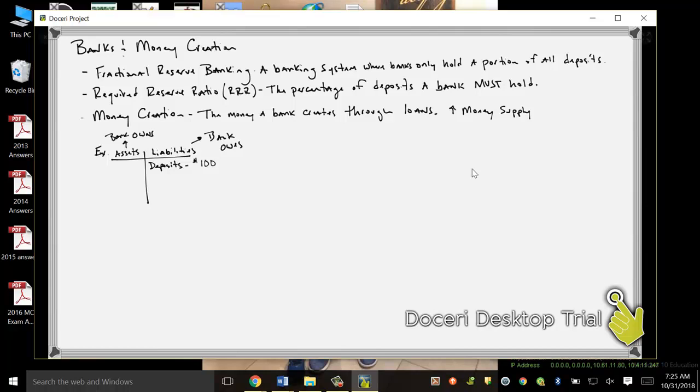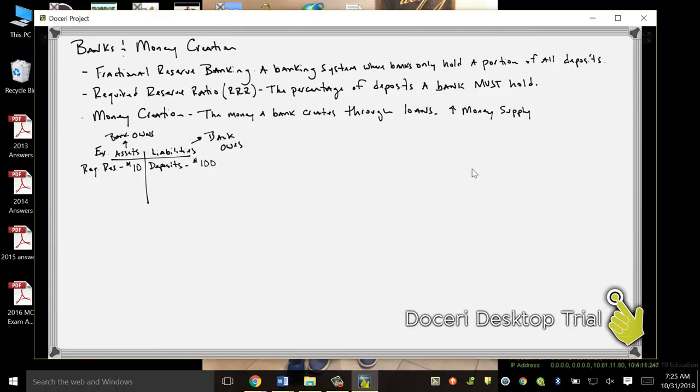And so I am going to then have to figure out where that $100 is going to go as assets to our bank. So the first place that a deposit always goes is required reserves. So I'm going to put here required reserves, and $10 of our deposit is going to go into required reserves.